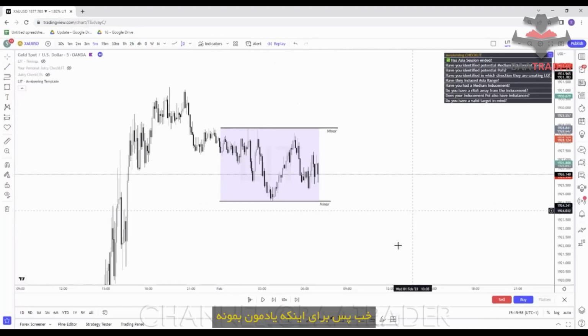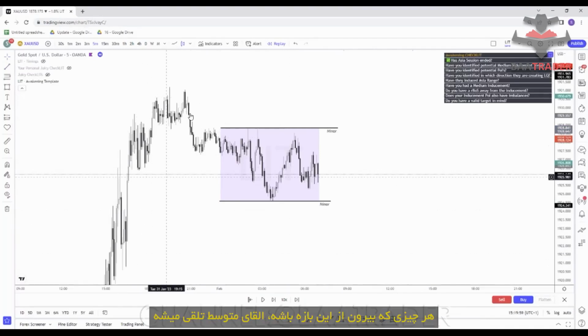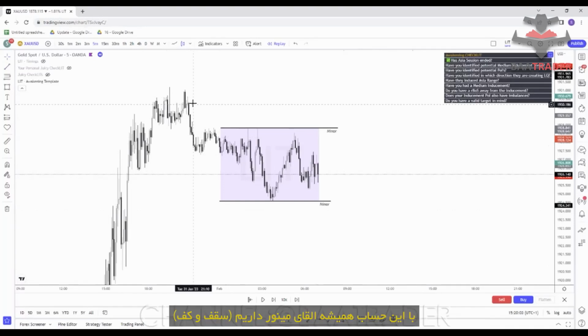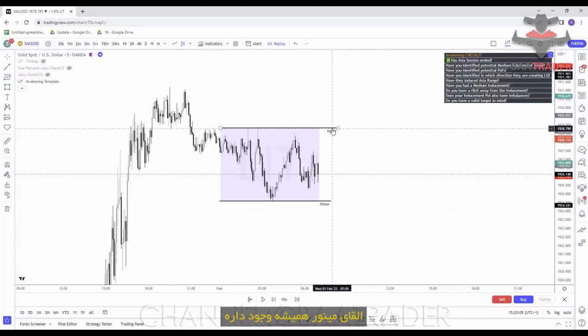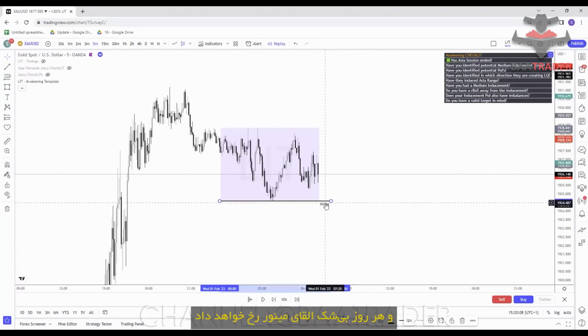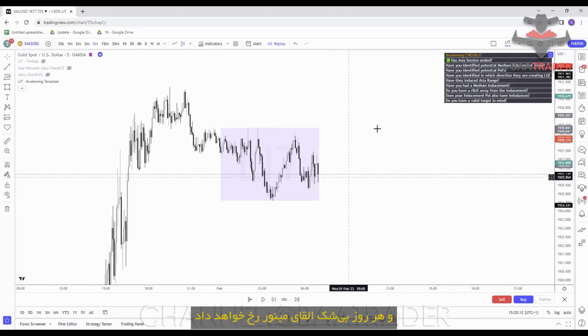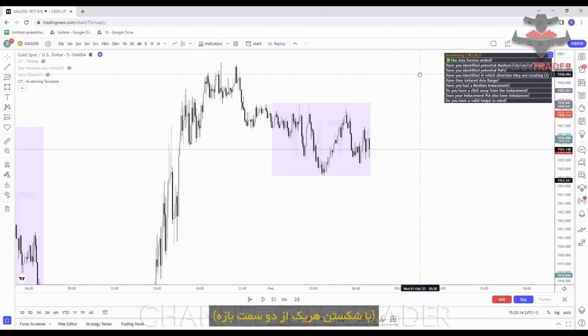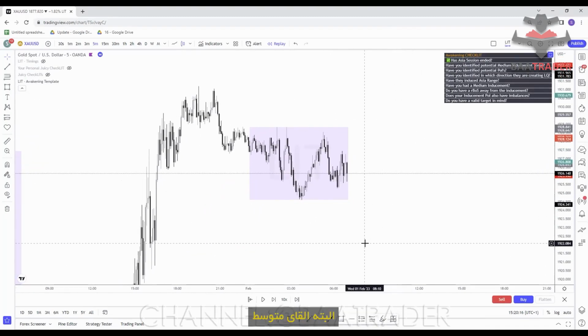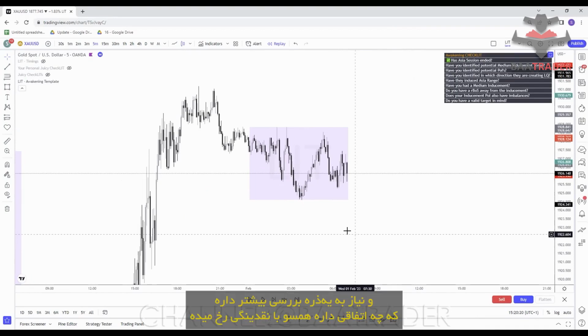So just keep that one in mind, just a little basic lesson, should I say, and everything outside of that will be considered a medium inducement. In this case, of course, we have minor all the time. Minor always exists, and every single day a minor inducement is without a doubt going to occur by breaking out of either side. When it comes to medium inducement, however, we do need to mark that up and have a bit more of a thought process of what's going on in line with liquidity.